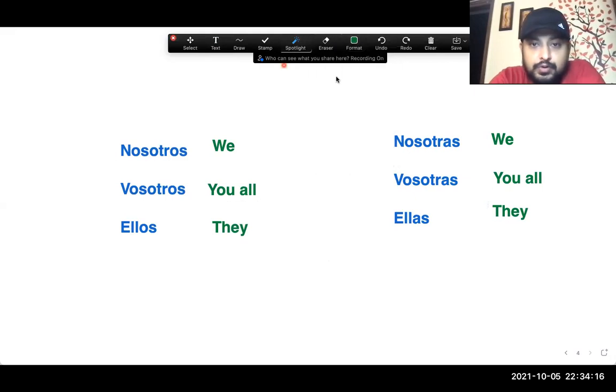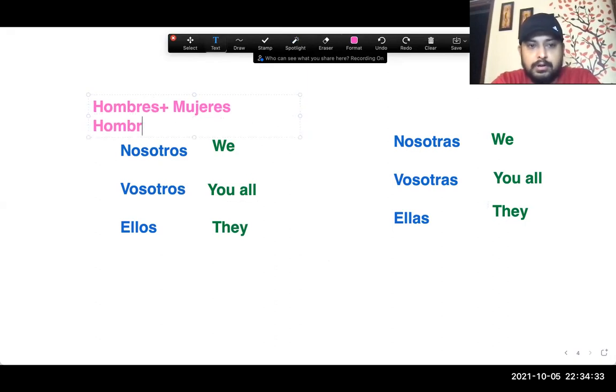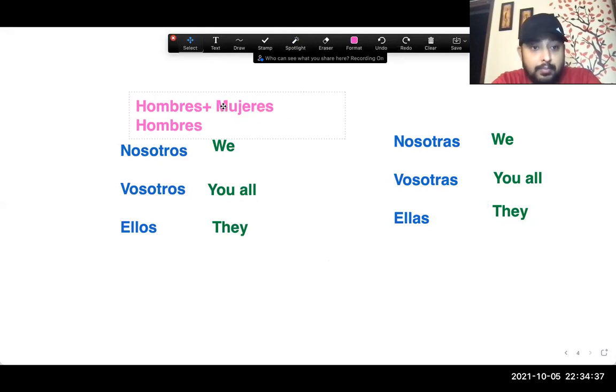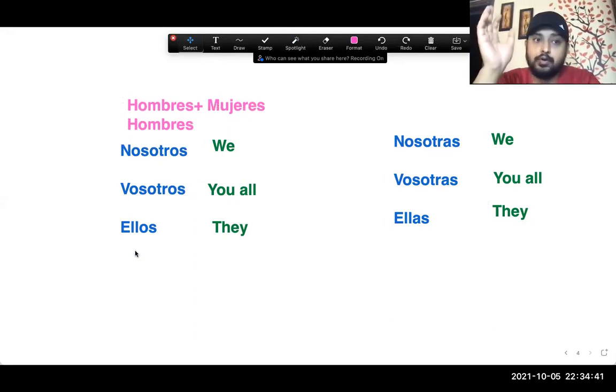Basically, we use nosotros if there's a group of boys and girls, males and females together. Hombres más mujeres means men and women, or only hombres, only men. If there are 99 girls and one boy, then we will still use nosotros, vosotros, and ellos because we are talking about a group.